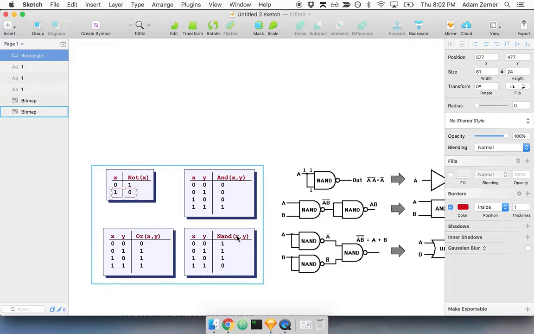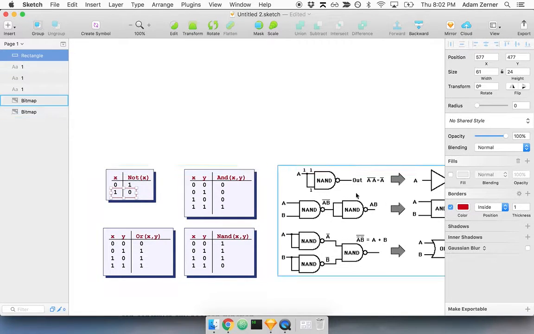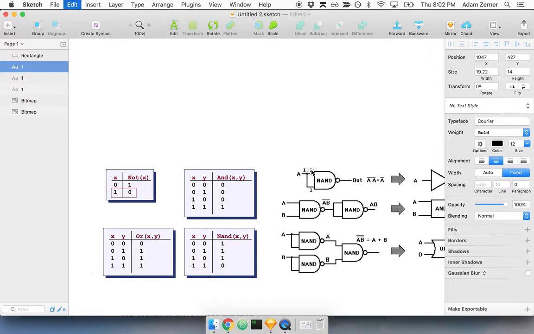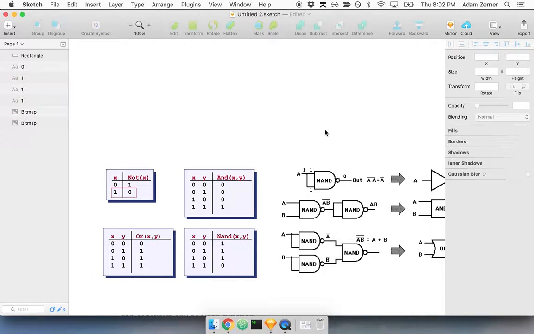And with the NAND gate with both inputs on, the output is 0. So we're going to have a 0 here. And this aligns with what the truth table for NOT says: when the input is on, the output is going to be 0.